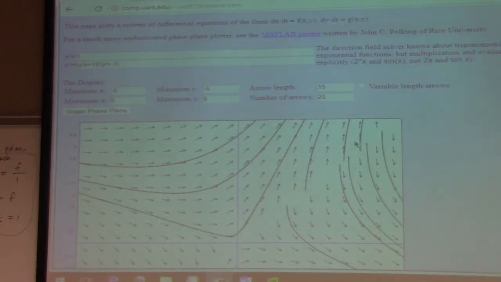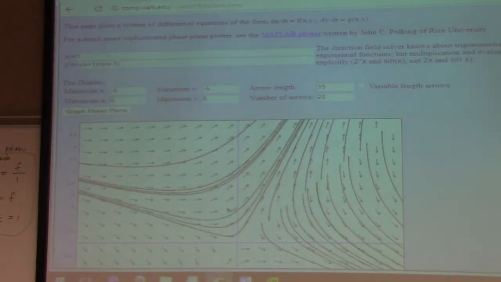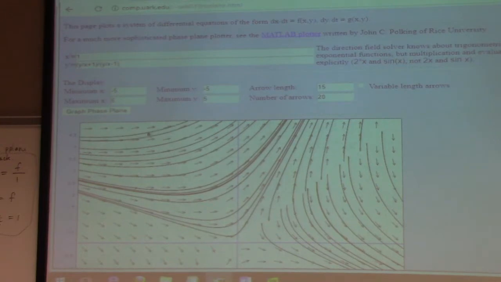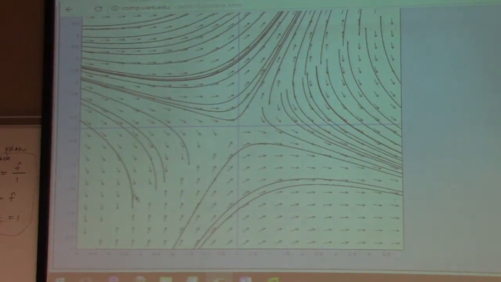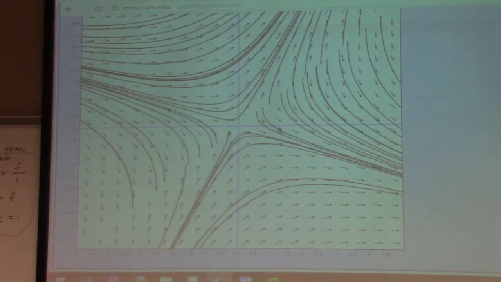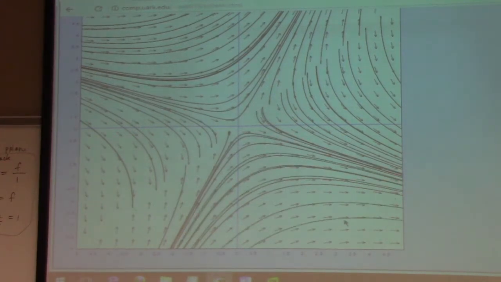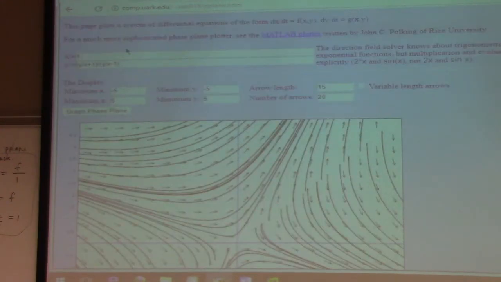As you can see, there's something funny going on at y equals x, isn't there? Hey, fun. I could play with this all day, but let's see here.